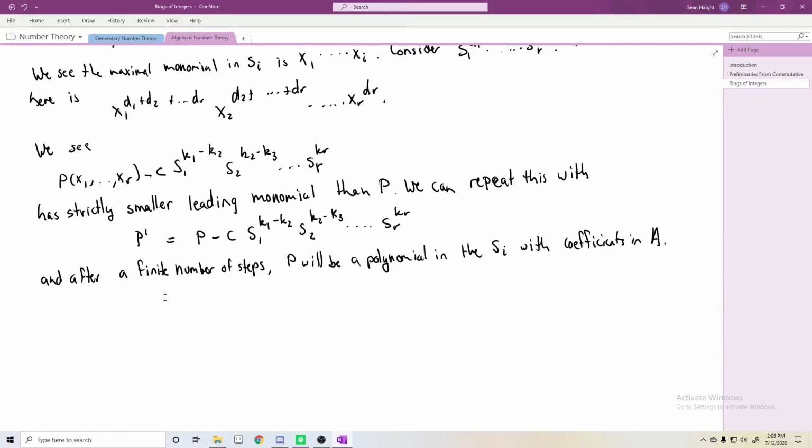Okay, so now there are several important corollaries that will eventually give us the theorem that we want. So this finishes this proof.